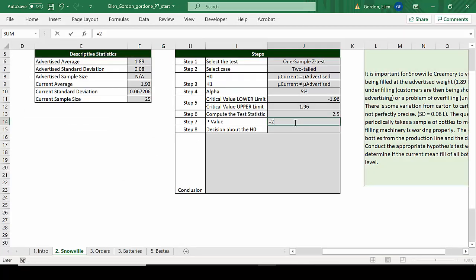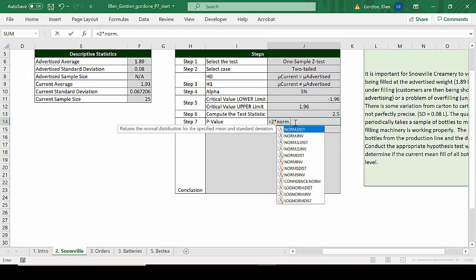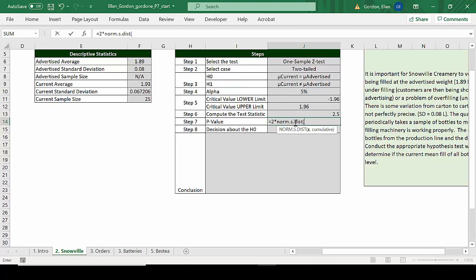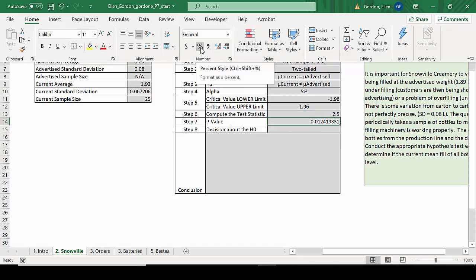The formula is 2 times the NORM.S.DIST function. And what we do is we take -1 times the absolute value of our test statistic. And then for cumulative, we write TRUE. We can format our p-value as a percentage.